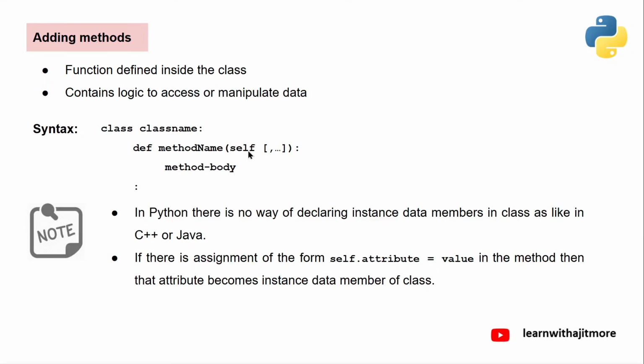But what does self contain? The reference of the object in the context of which that method is called. Meaning, if suppose you're calling that method in context of object one, here you don't have to pass self. You pass whatever extra parameters are there. The self you don't have to pass.